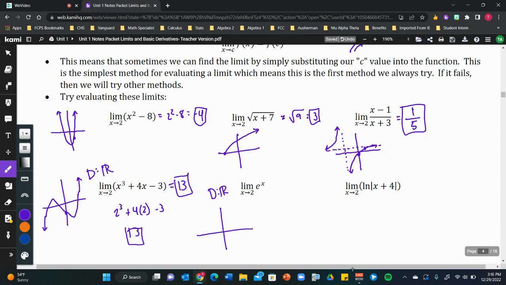They have a horizontal asymptote on the x-axis. So remember, e to the x looks like pretty much all the other exponential functions, just going to grow very steadily, faster and faster and faster as we go. So for this one, there's not really anything crazy here. Again, if there's a domain of all reals for the function, we're guaranteed not to have any issues, so we can just simply jump right into plugging it in.